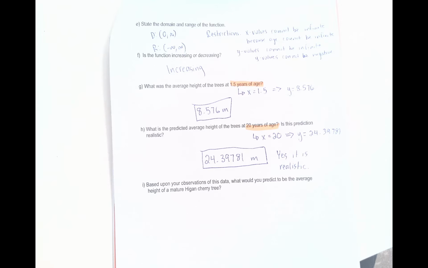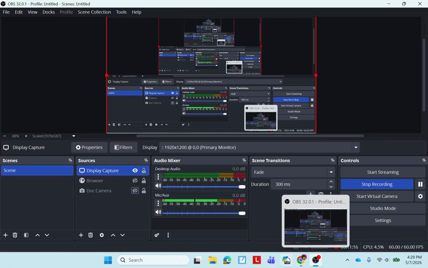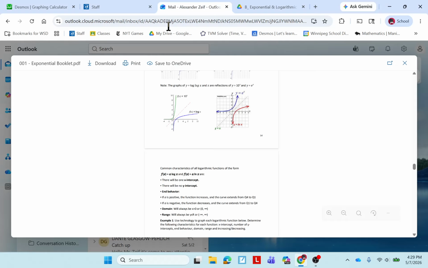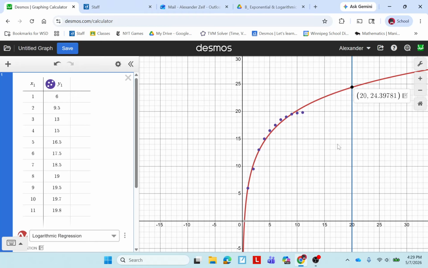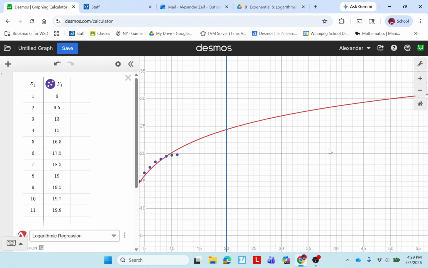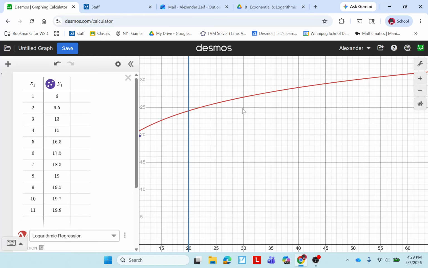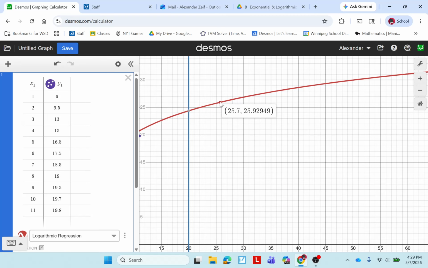So let's go ahead and take a look at our graph and see if we can figure out some kind of information. Because like we were saying about logarithmic functions, they do tend to kind of even out after a while. And even when we start looking at 30, 40, 50 years of age, there isn't that much growth happening.